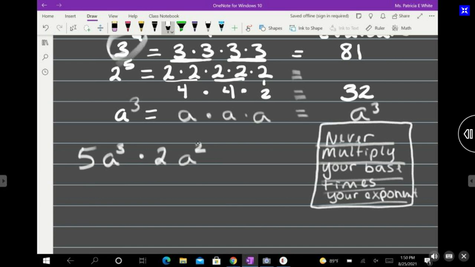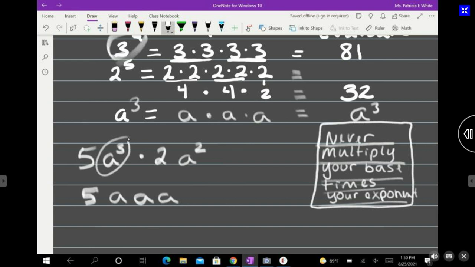Write that all out in expanded form for me. How many 5s are there going to be? There is only 1 5 and 3 a's. Exponents can only apply to what they can touch. There's an a between that 3 and that 5, so that 3 can't have anything to do with the 5.